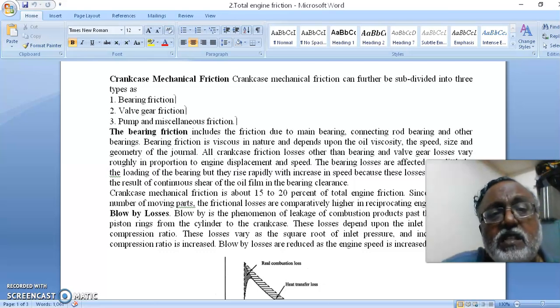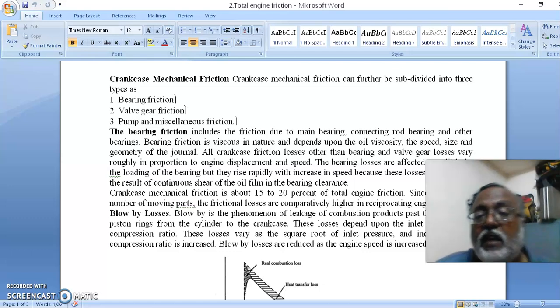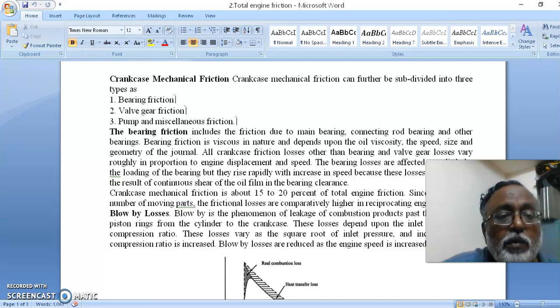Bearing friction is viscous in nature and depends upon the oil viscosity, the speed, size and geometry of the journal. All the crankcase friction losses other than bearing and valve gear losses vary roughly in proportion to engine displacement and speed.